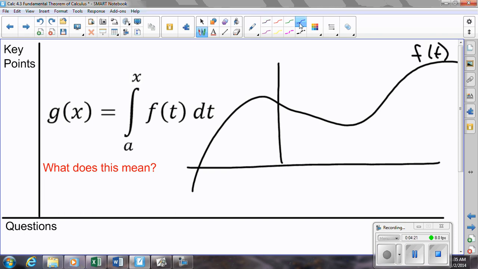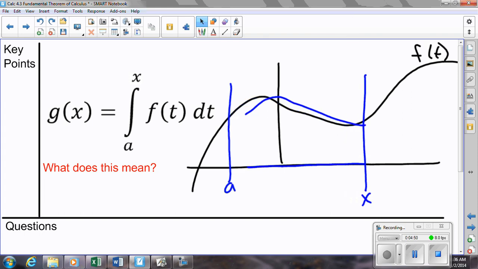This function g is saying, from some number a over to some number x, and we don't know what x would be. Over to some number x. What is the area underneath the curve, between the curve and the x-axis, and in between these two lines? Of course, as we move the x over and around, we're going to wind up changing a lot of the area. But this is a function. We could create functions about area.